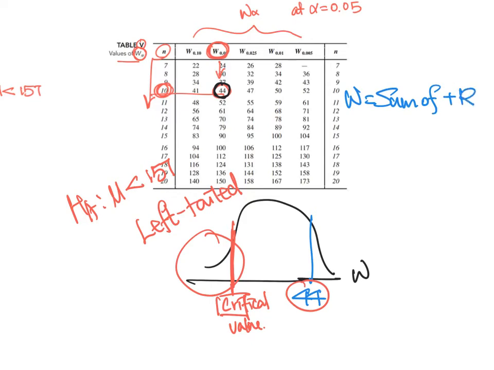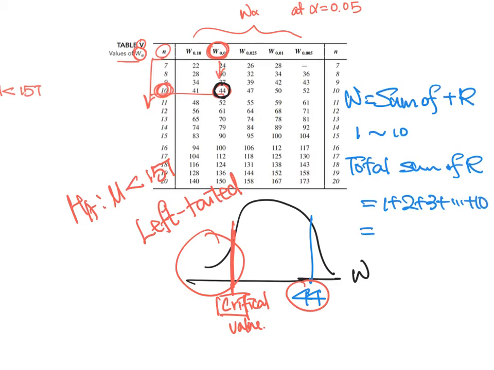positive ranks, right? You know, when we assign the ranks from 1 to 10, the total sum of the ranks, that is 1 plus 2 plus 3 plus up to 10, right? That is 55. Do you know how you can get the 55? Have you ever seen this kind of formula? n times n plus 1 over 2.